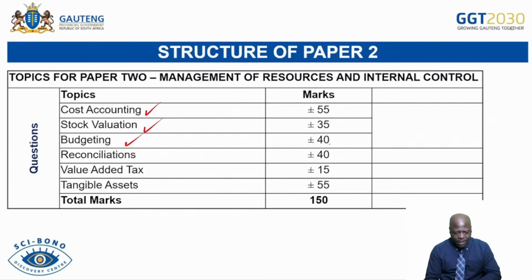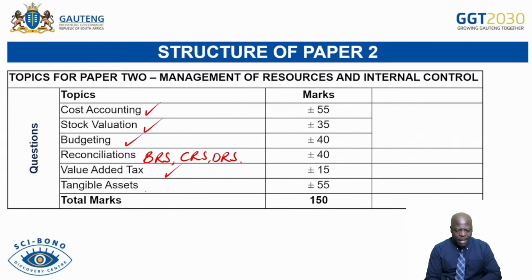And then budgeting, it is one of the questions that can also be tested, and you can look at plus minus 40 marks. Reconciliations. Remember, on reconciliations, I spoke about the BRS, the CRS, and the debtors reconciliation. And here you also need to look at your debtors age analysis as well. And then your VAT, normally you would look at plus minus 15 marks. All right, that is your VAT.